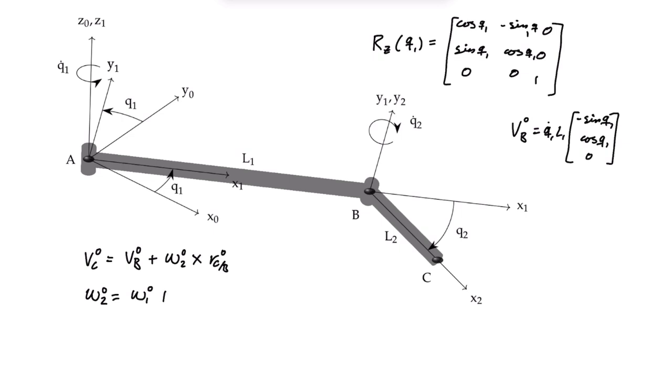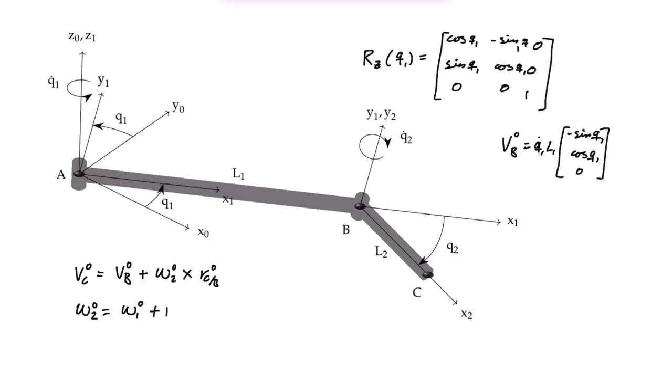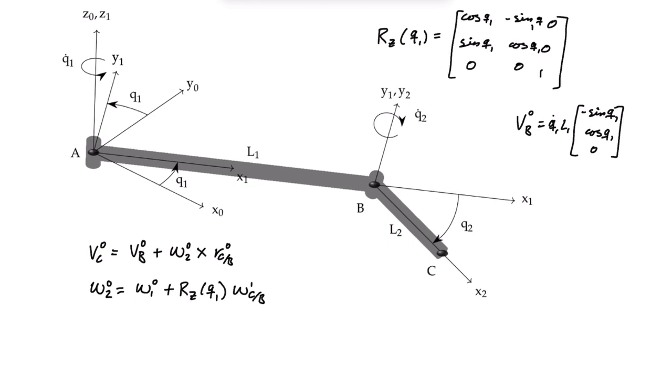And then plus, if we want this speed here with the reference frame 0, we also need to rotate it. You multiply by RZ of Q1 multiplied by the speed CB with a reference frame 1. So the angular speed in CB is just this part rotating. So it's just q dot.